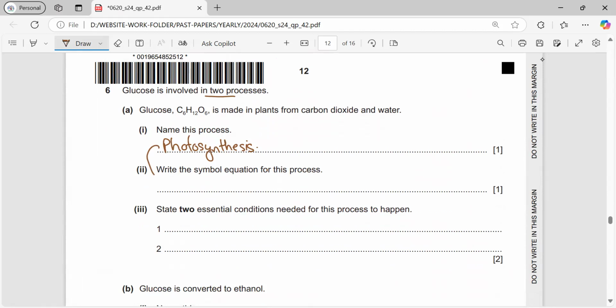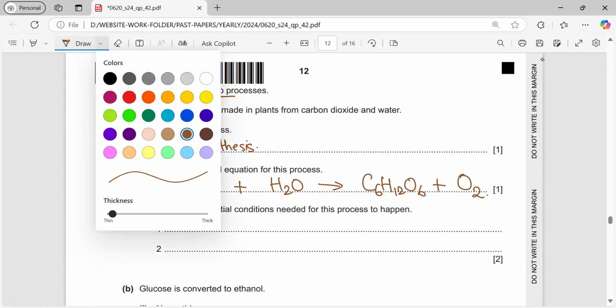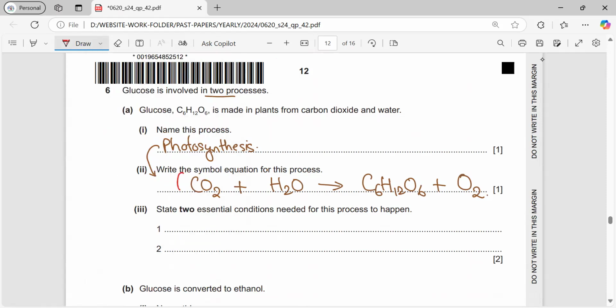Symbol equation for the photosynthesis, very simple. The plants prepare their food by taking carbon dioxide, reacting it with water, and make glucose C6H12O6, and they release oxygen gas. We'll balance this equation by writing 6 with the carbon dioxide, 6 with the water, and 6 with oxygen.